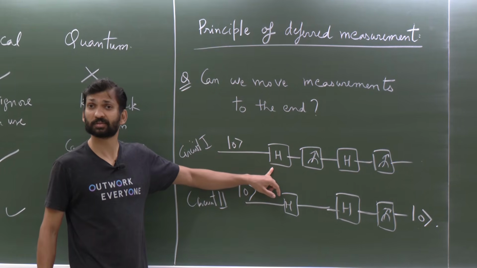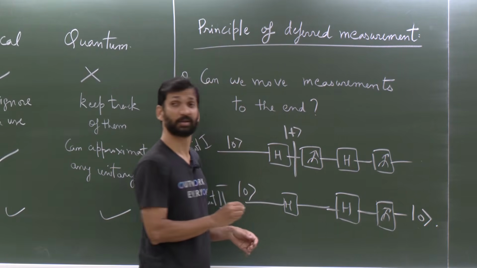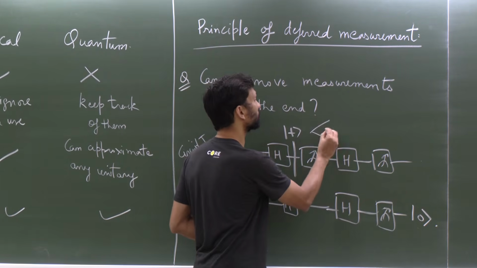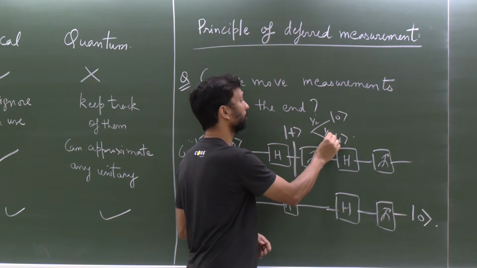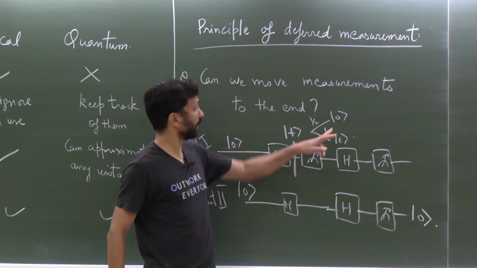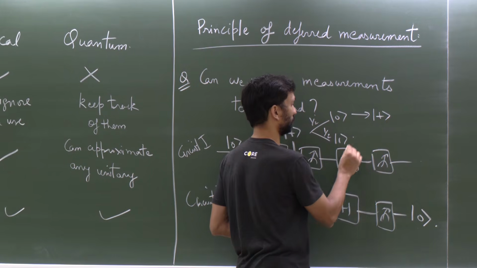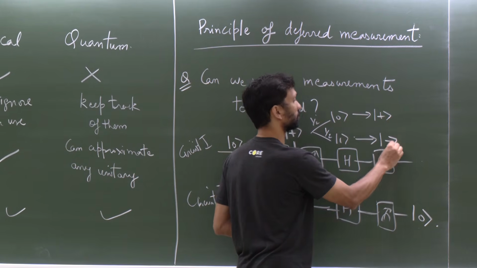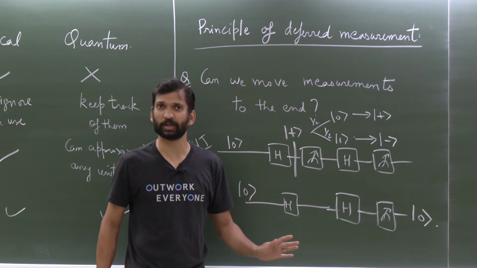What happens here? You apply Hadamard, you have the plus state. Now, I am in two cases. With half the probability, I am in 0. With half the probability, I am in 1. If I am in 0, this will change to minus. 1 will change to minus. Everyone is following, right?